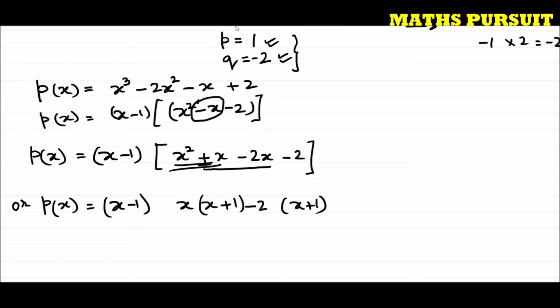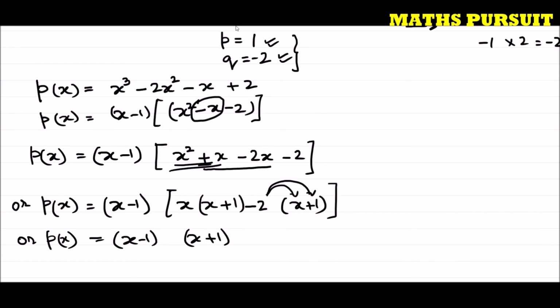If I multiply minus 2 with x, I am getting minus 2x, and if I multiply minus 2 with 1, I am getting minus 2. So Px is equal to x minus 1 into, taking out x plus 1 as a common factor from these two, we are left with x minus 2.